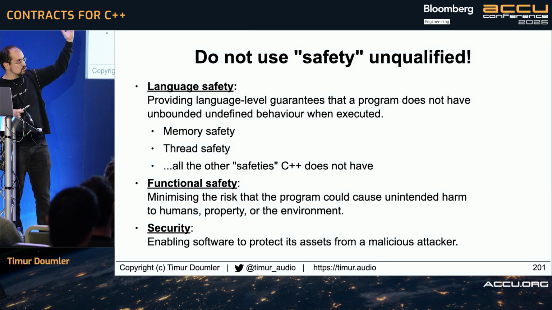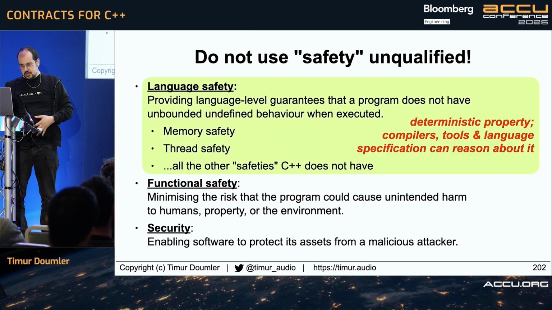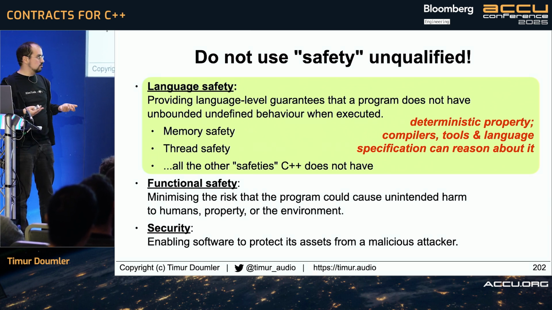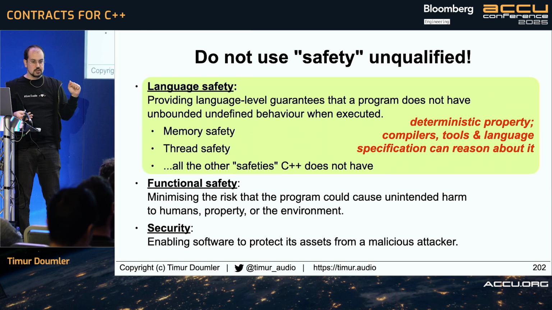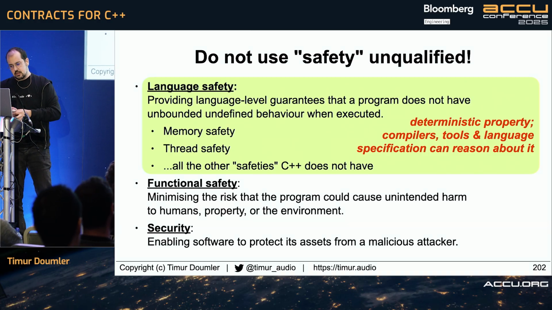Like your code doesn't have UB. That is a deterministic property that compilers and tools can reason about, and we can change the language specification in a way that we know that we don't have that anymore. Maybe not with C++ the way it is, but Rust did that, right?